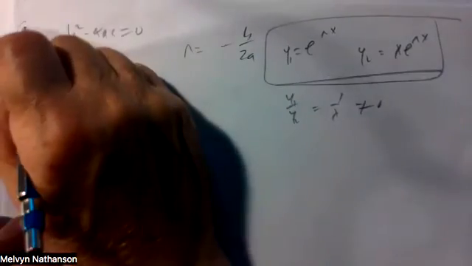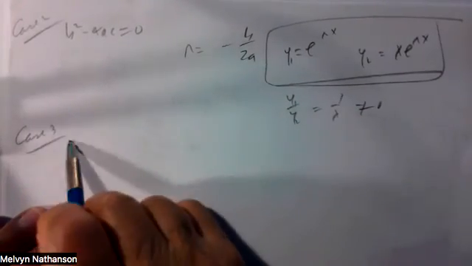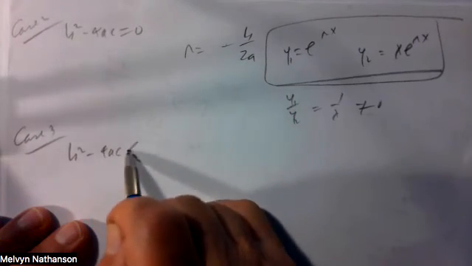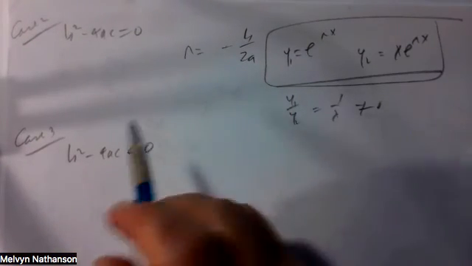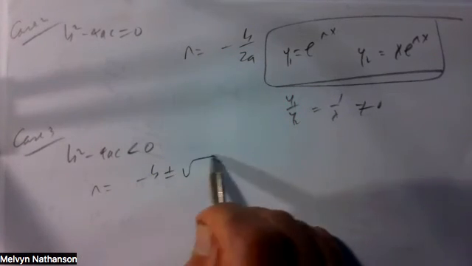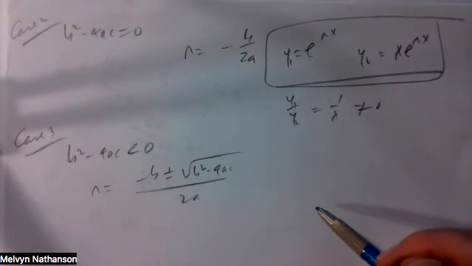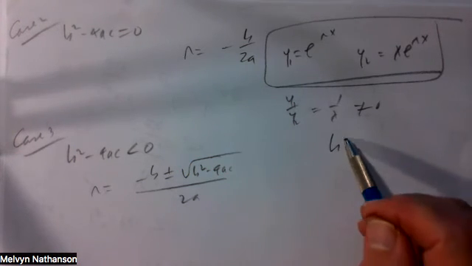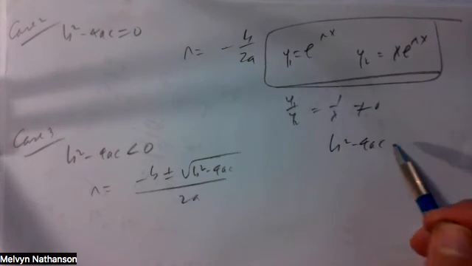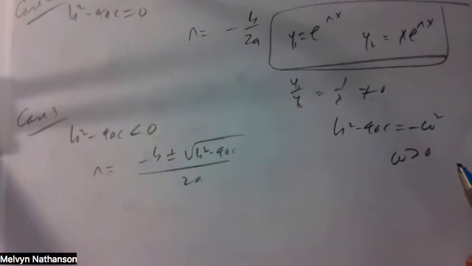So this is case 2. In case 3, b squared minus 4ac is negative. So you have r is minus b plus or minus the square root of b squared minus 4ac over 2a. If b squared minus 4ac is negative, I can write this as minus omega squared, where omega is some positive number.